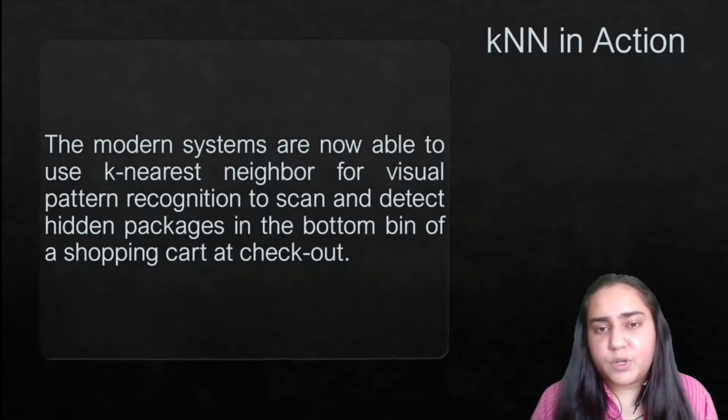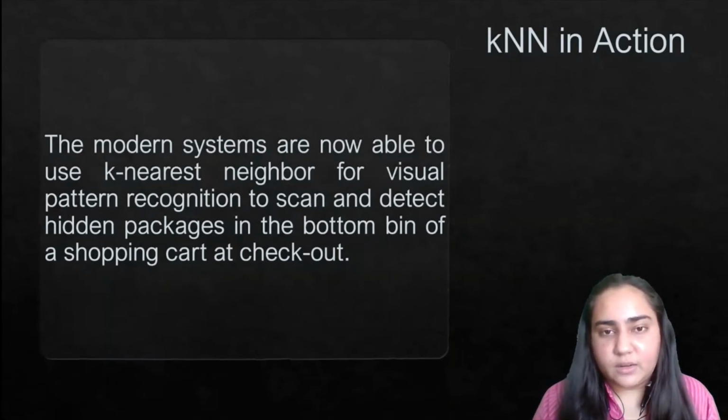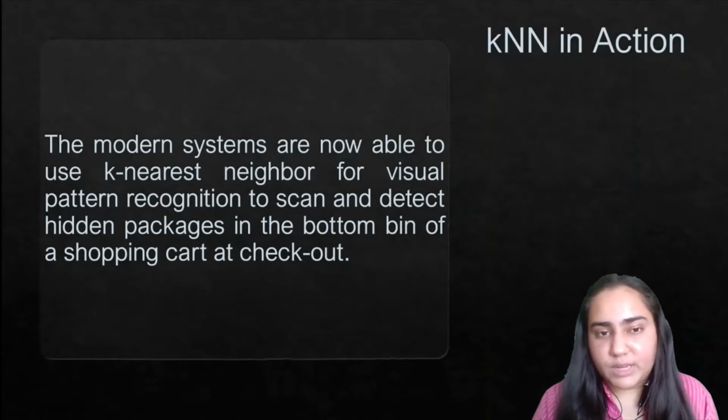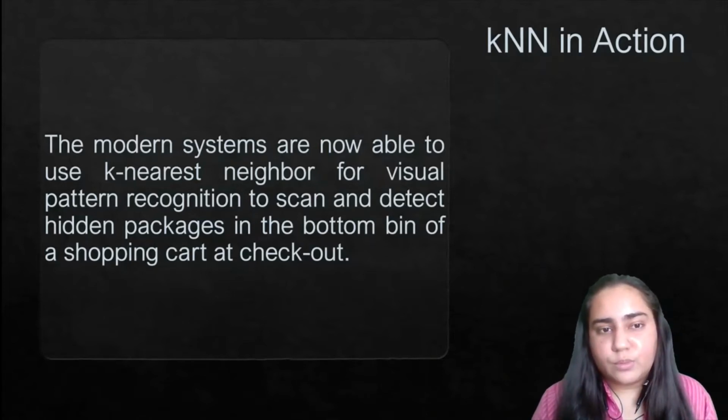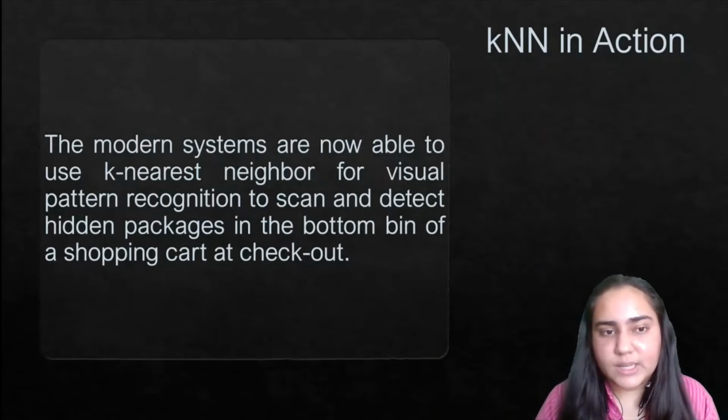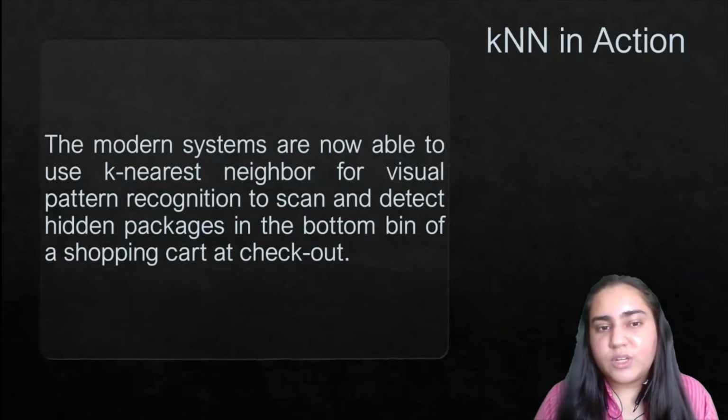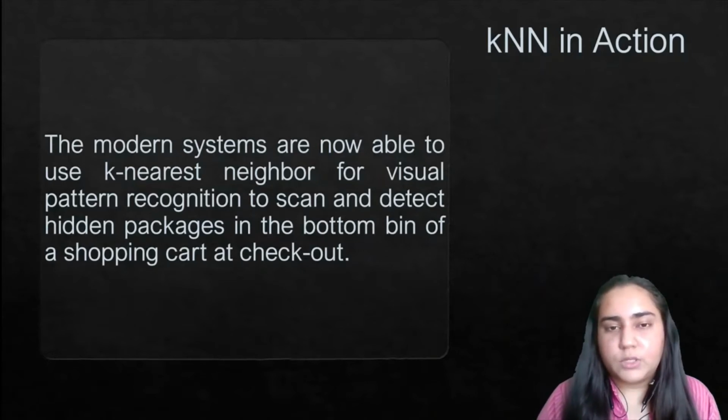So the modern systems are now able to use KNN for visual pattern recognition to scan and detect hidden packages in the bottom bin of a shopping cart at checkout. So that is truly amazing. The modern systems can use KNN to recognize the patterns, and scan and see what hidden packages are there at the bottom of a shopping cart bin during checkout.